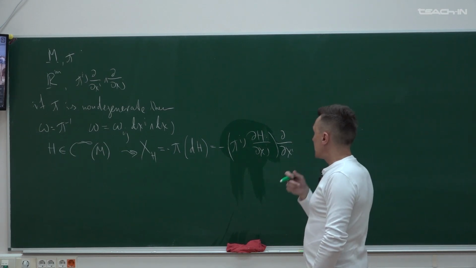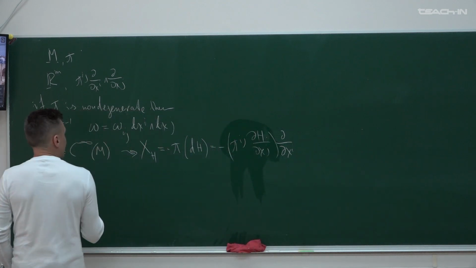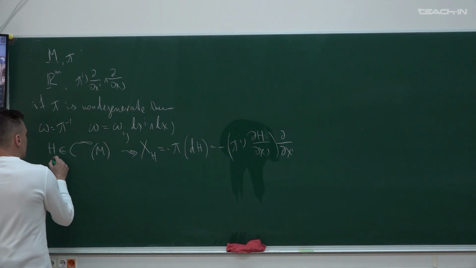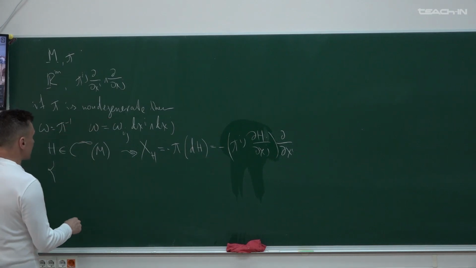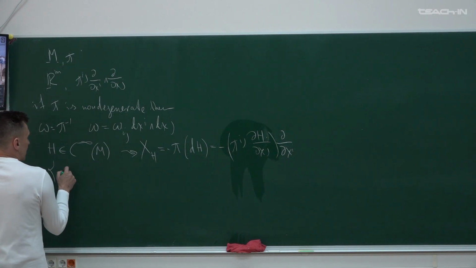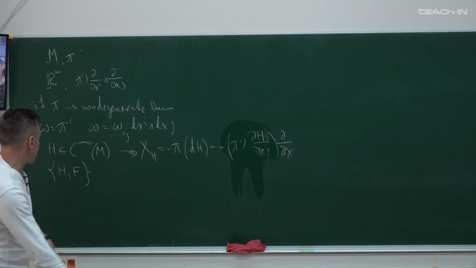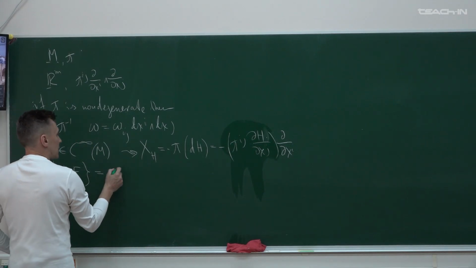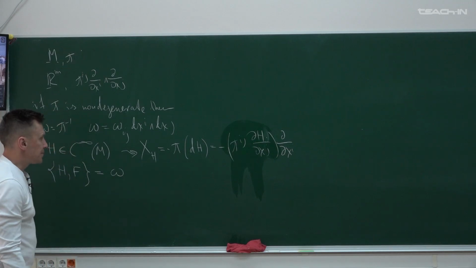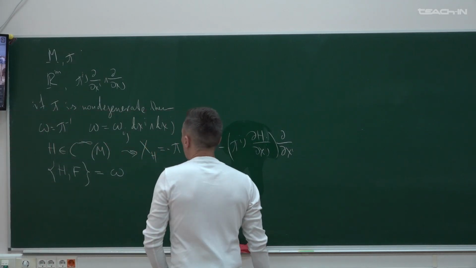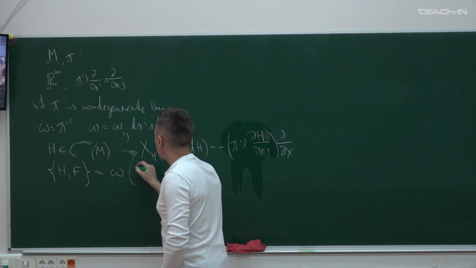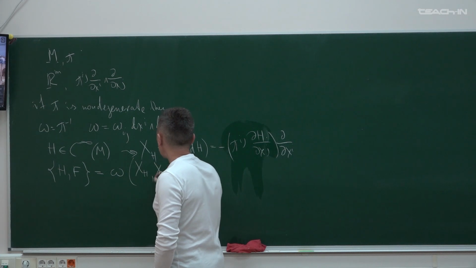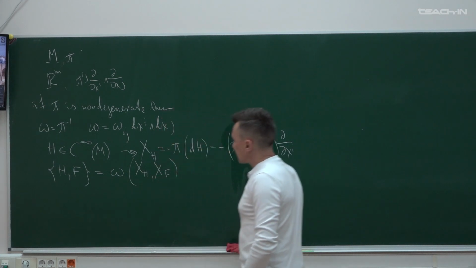And what else? There is a very useful formula that in the situation of the non-degenerate Poisson structure, the Poisson bracket between functions can be calculated as an application of this differential form to the corresponding Hamiltonian vector fields.